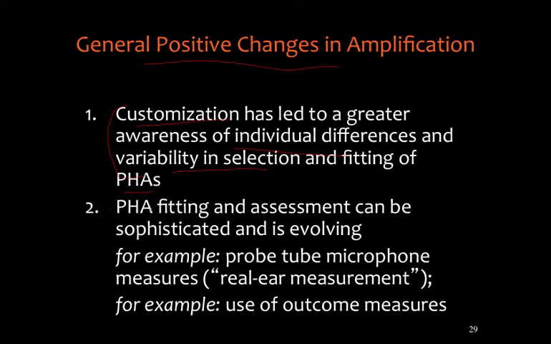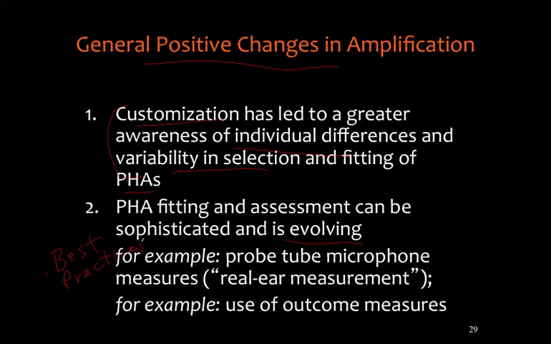Point number 2, personal hearing aid fitting and assessment is sophisticated and is still in a state of evolution. There are some things that would be considered part of best practices relative to hearing aids, and we'll see some articles that talk about these.